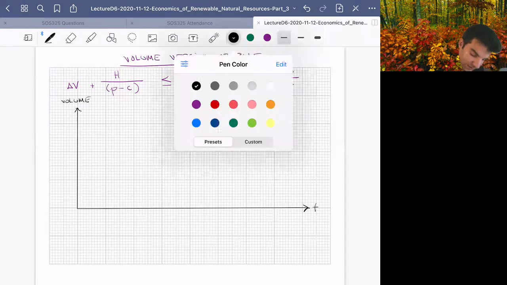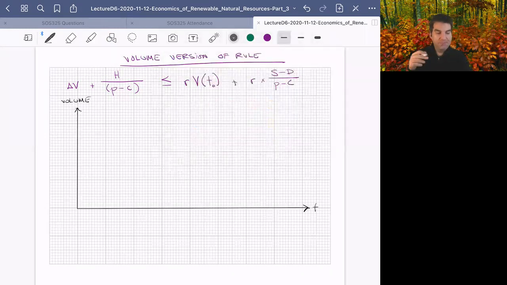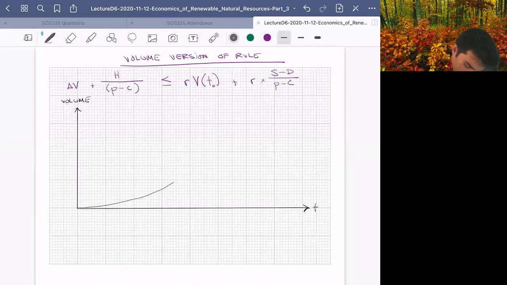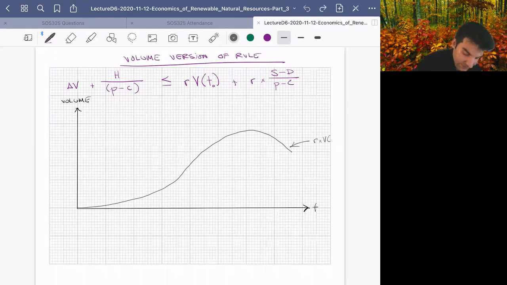So I will first draw my R times VT. This will be like my VT curve, but scaled down by R. So that went up, fast growth, peak, decline. So this here is R times V of t. Actually, I'm going to squeeze that down a little bit smaller so that I've got more room.